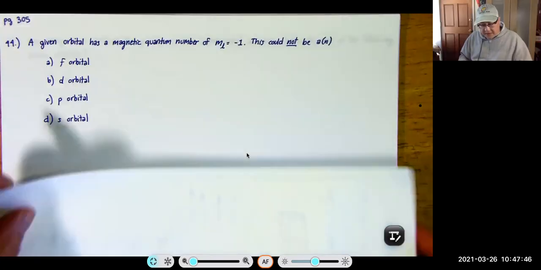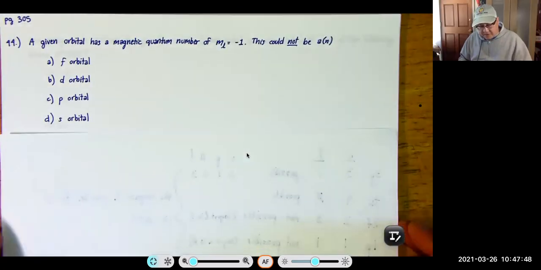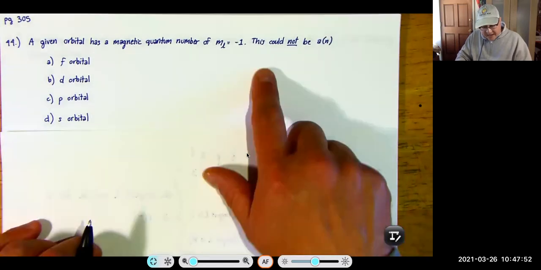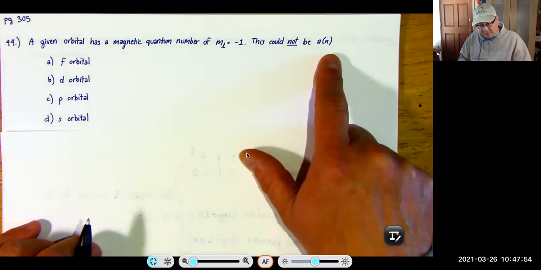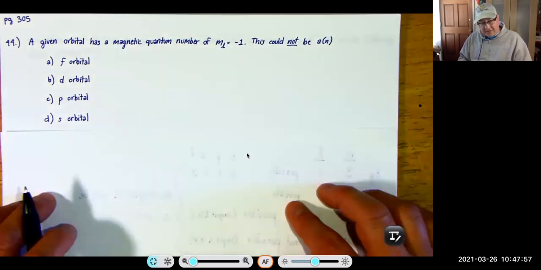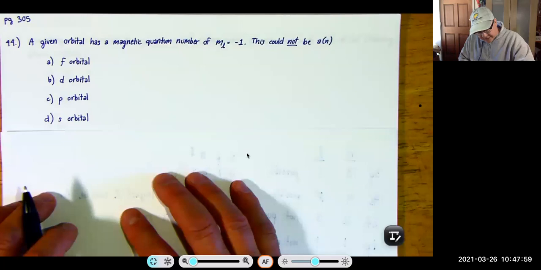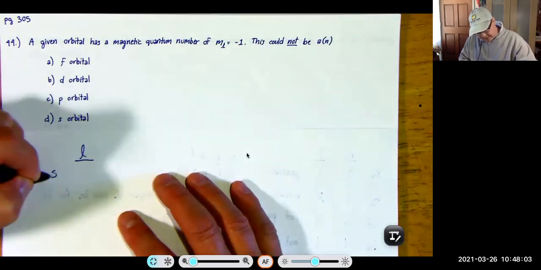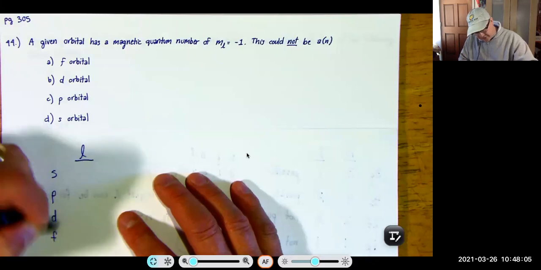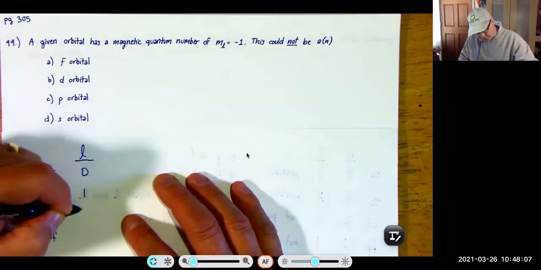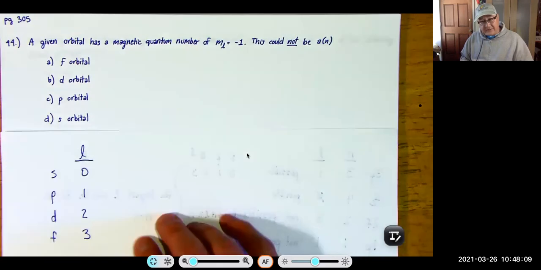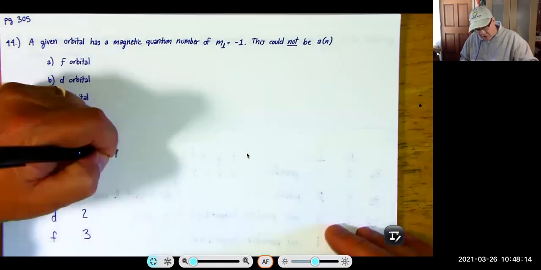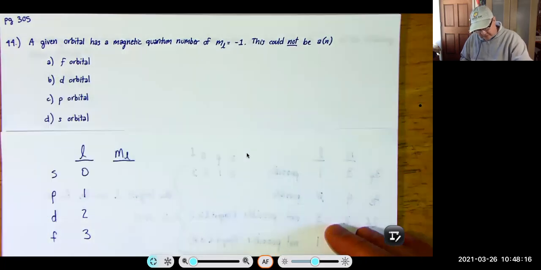Okay, a given orbital has a magnetic quantum number of M sub L equal -1. This could not be an F orbital. Well, here, maybe we do this. S, P, D, F, 0, 1, 2, 3. Are you with me there? Right. And guess what I'm going to do here? I'm going to write down all of the M sub L's that are possible.